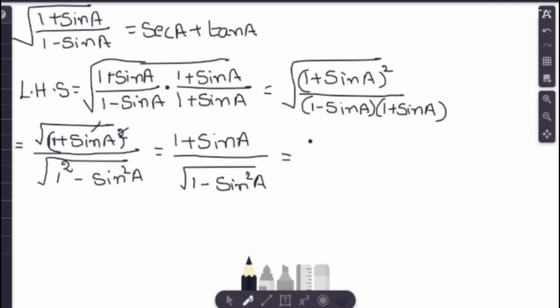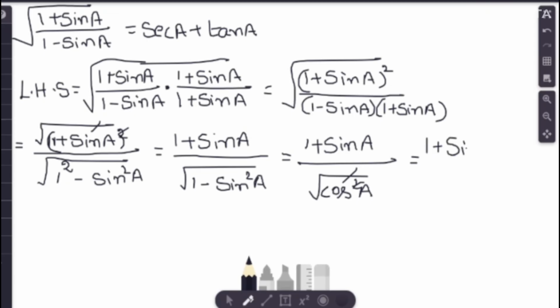So cos square theta is equal to 1 minus sin square theta. By using that, instead of 1 minus sin square A, we write root cos square A. Square and root cancel. So 1 plus sin A by cos A.